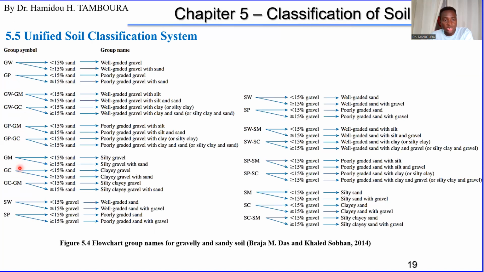Okay, you can read this information as it continues from here. This is for coarse-grained soil, and this one is for gravel, sorry. And from here, sand starts. Okay, you can just read this. There is nothing to explain here, just how to read it, very simple.